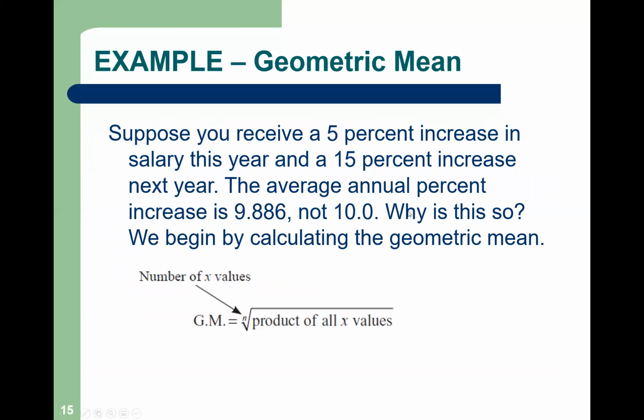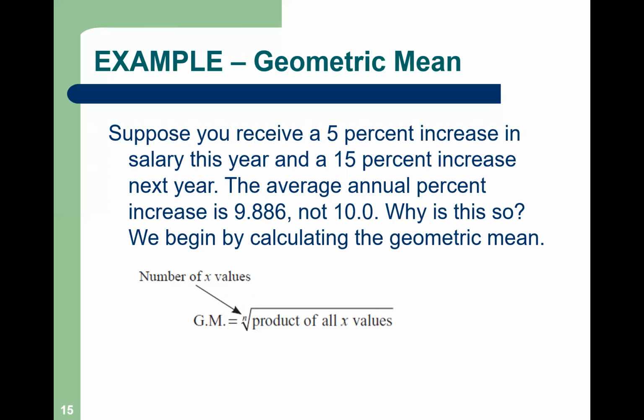Here is the example. Suppose we receive a 5% increase in salary this year and a 15% increase next year. The average annual percentage increase is 9.88 if we take it as the geometric mean, not 10.